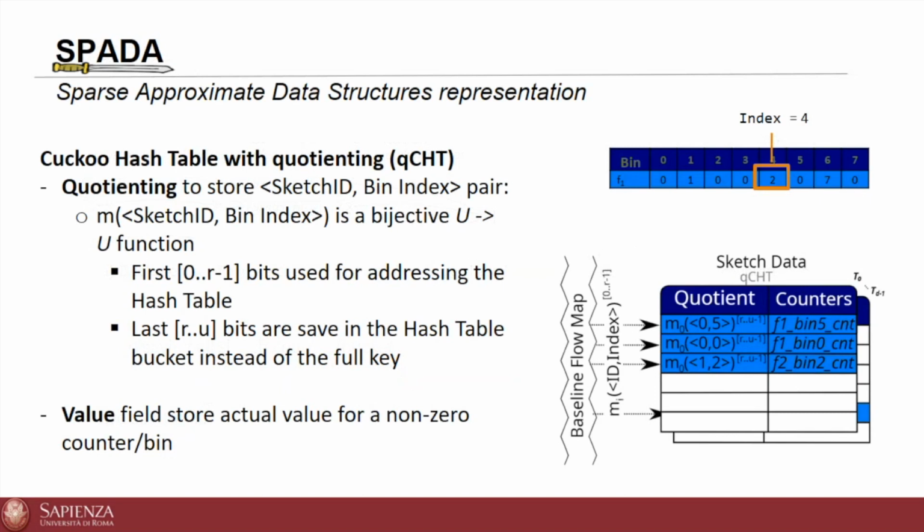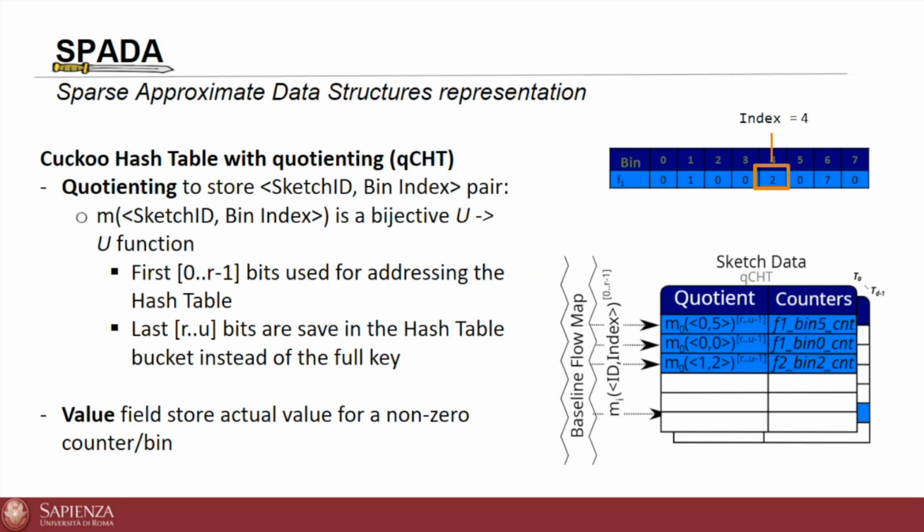I'm going to show just the Cuckoo hash table version. This is a normal Cuckoo hash table, but it also exploits a quotient technique in order to save some space in key storage. Whenever a new key-value pair is to be inserted, the key is first hashed through a bijective hash function.